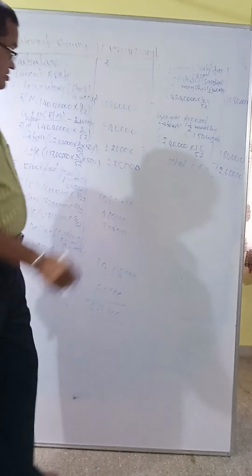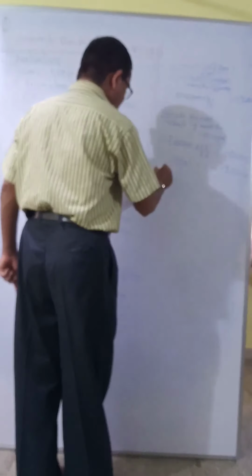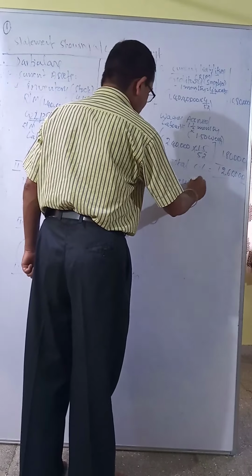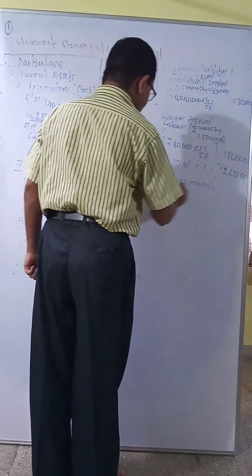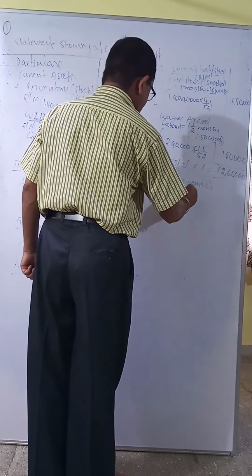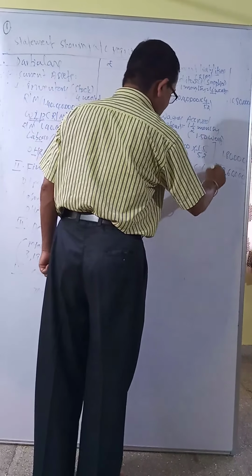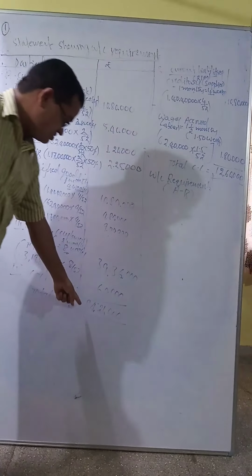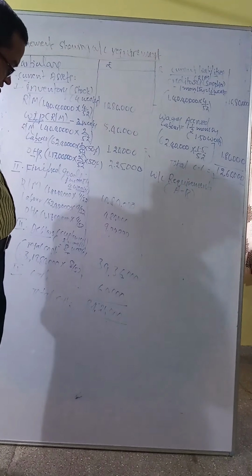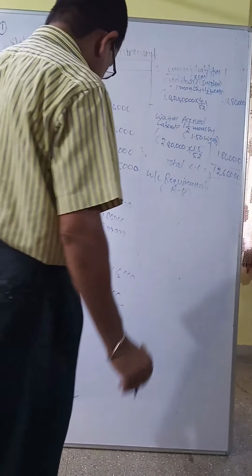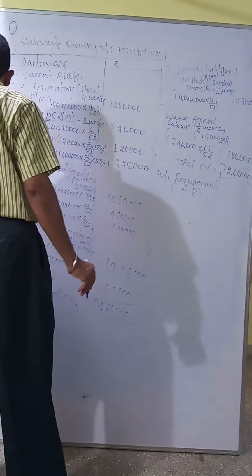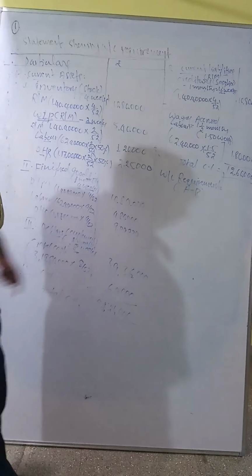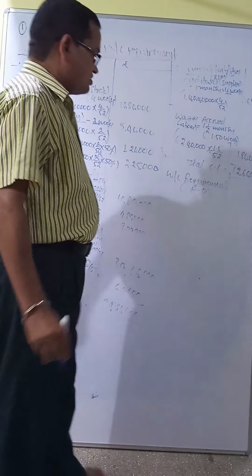Now after that, working capital requirement. Working capital requirement equals A minus B. A means total current assets, 84 lakh 26,000, minus B, 12 lakh 60,000.